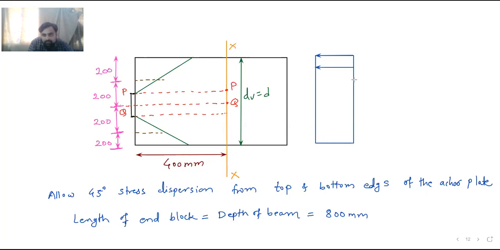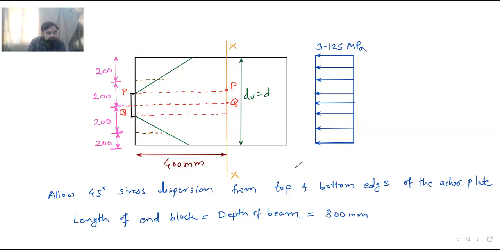It is like this. And this horizontal stress has a value of 3.125 Newton per mm square.